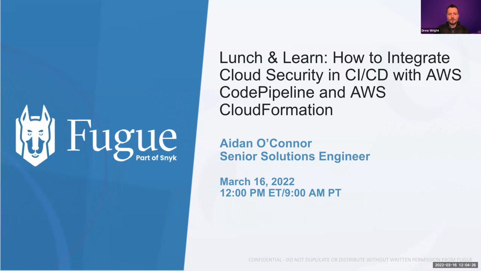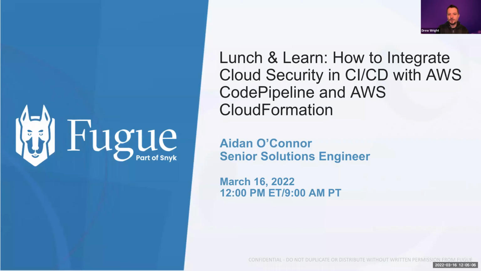Appreciate you joining us for another Fugue Lunch and Learn, where we take a deep dive into one of the many use cases of Fugue for preventing the kinds of misconfigurations and cloud vulnerabilities that hackers use, not only to gain initial penetration into an environment, but then leverage the APIs and other resource graph vulnerabilities in your environment to start operating against your control plane to discover resources, move laterally, extract data very quickly and often without detection.